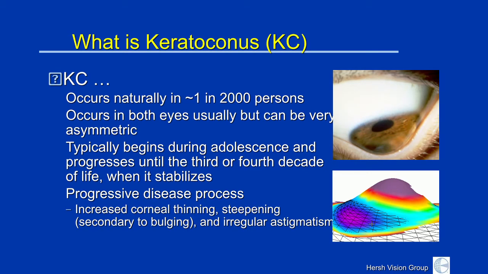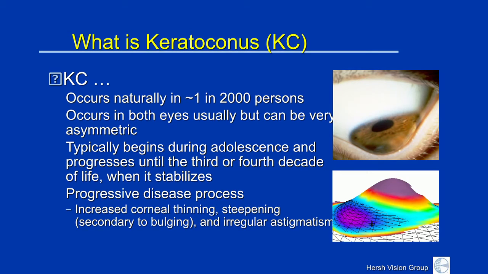However, the advancement in technology and the awareness of this condition, at least that's what we hope to do today, seem to be pointing towards the fact that there may be some regions that have much higher prevalence. It could also be that overall globally it is much higher than 1 in 2,000.